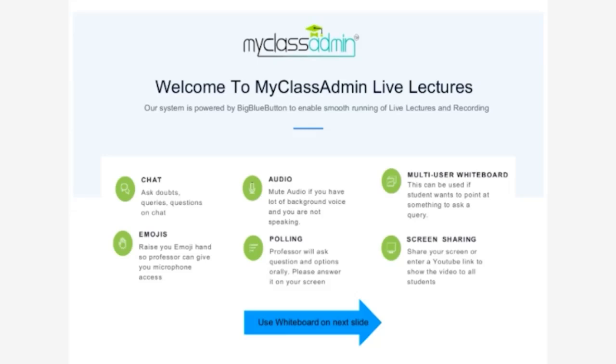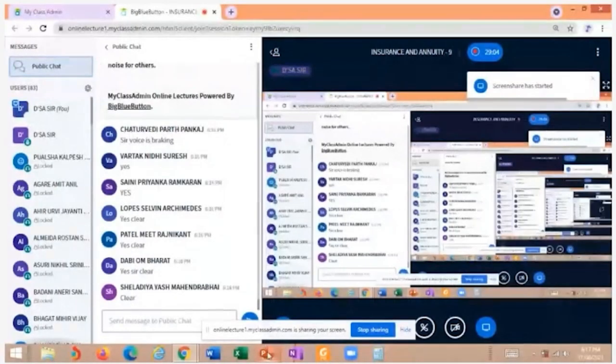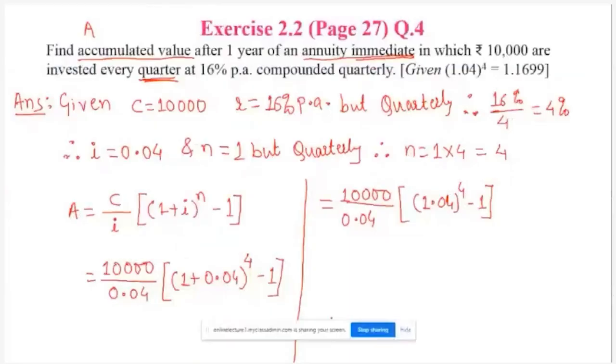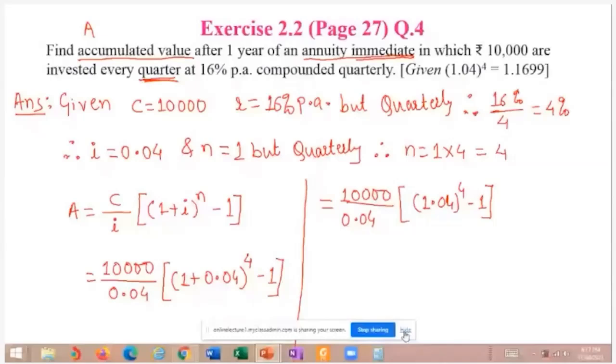Just give me a minute. Voice is clear, but screen sharing has stopped. Let me start screen sharing. I'm starting screen sharing. Give me a minute. Yeah, it is starting. Screen sharing is starting. Audio, video, both clear now.